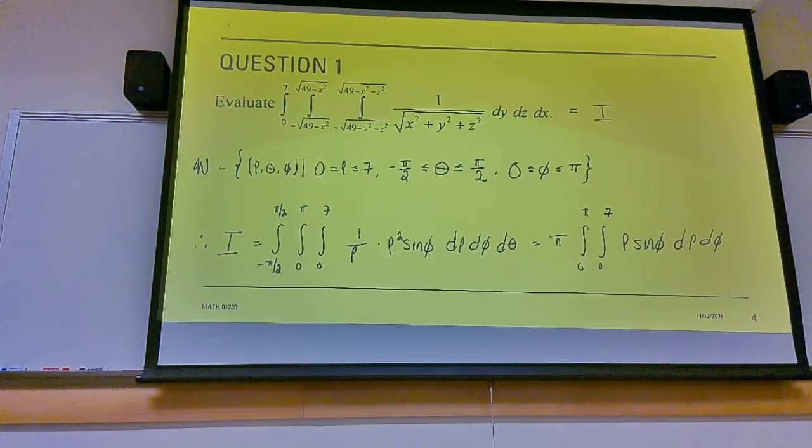Does it matter if we integrate rho or phi first? No, right? Rho doesn't depend on phi, and phi doesn't depend on rho. So we can do either one first. Rho is probably easier. Integral from 0 to 7 of rho is what? 49 halves.